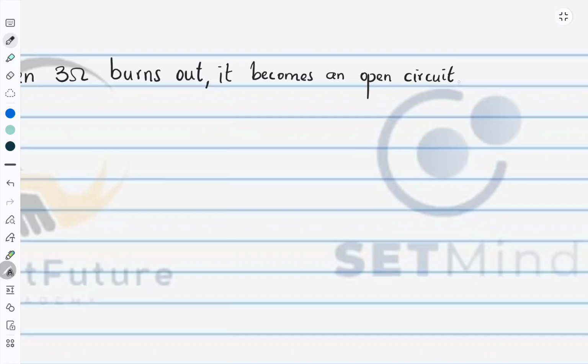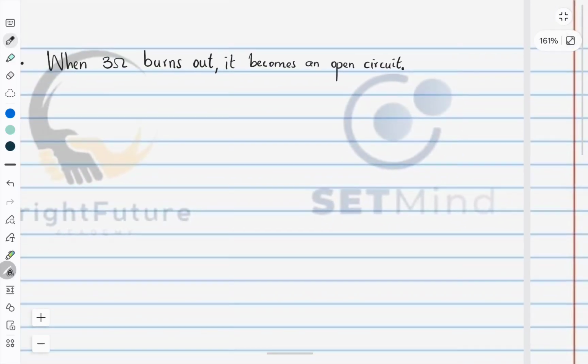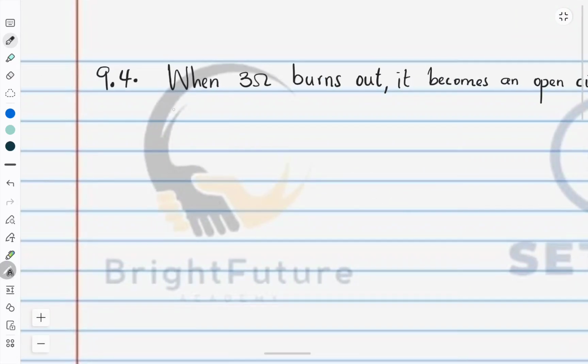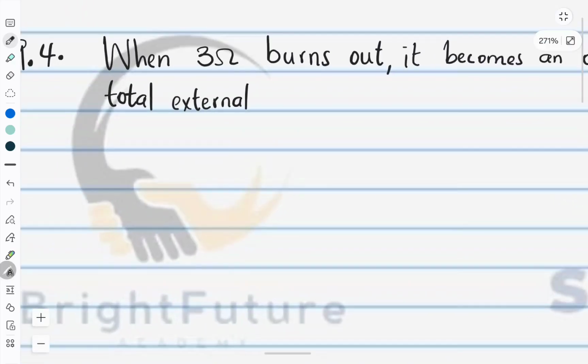So the total external resistance increases. Why? Because now the circuit is a series circuit instead of being a parallel circuit.